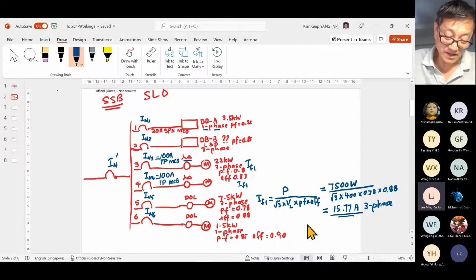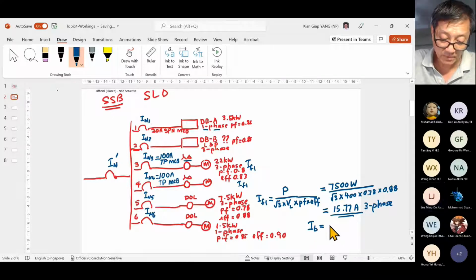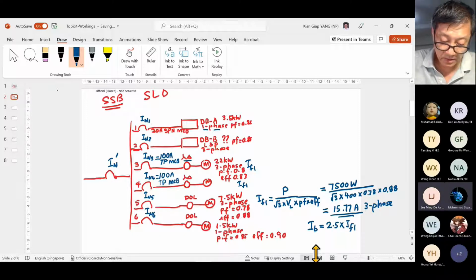That one is the design current. IB equals to what? Oh, 2 times IFL. Why 2 times? Is it correct or not? Wrong. Why? Because what kind of starter? DOL. DOL starter is 2.5.